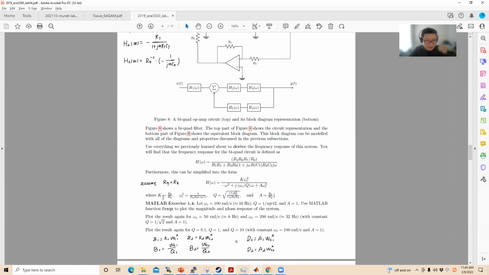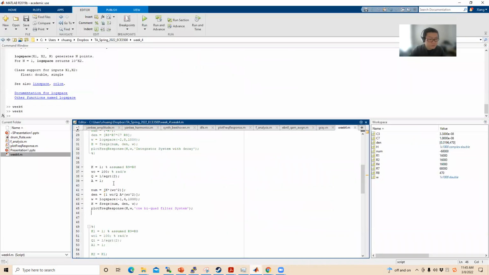I define the hyperparameters k, omega c square, q, a, and then I define the numerator vector and the denominator vector here, and you can see our biquad filter will look like this.